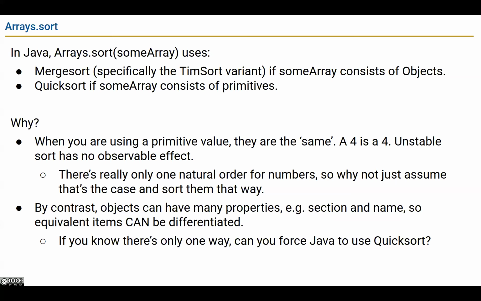If you know that equality is only defined if two things are exactly identical as numbers, is there a way to force Java to use quicksort? Well, what do you think? Does anyone have any way that they might do that? Yeah. I can make an object that just stores things, use sorting on that object, and then turn it back into the input.